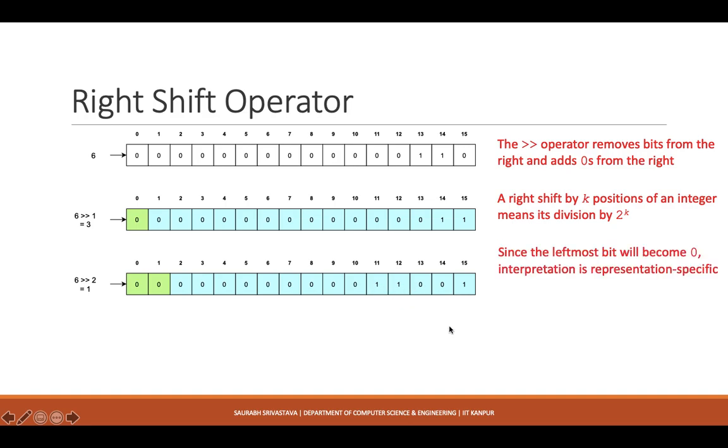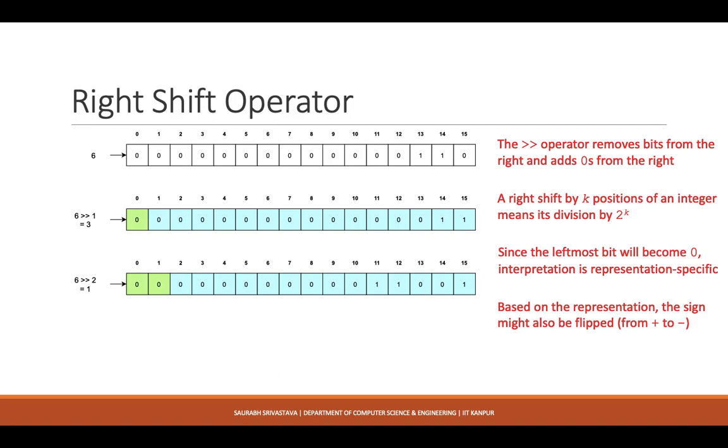Okay, since here again, as soon as you start shifting right, the leftmost bit will actually become 0, right? Because we are padding it that way. So what happens is this has the potential of flipping your sign.